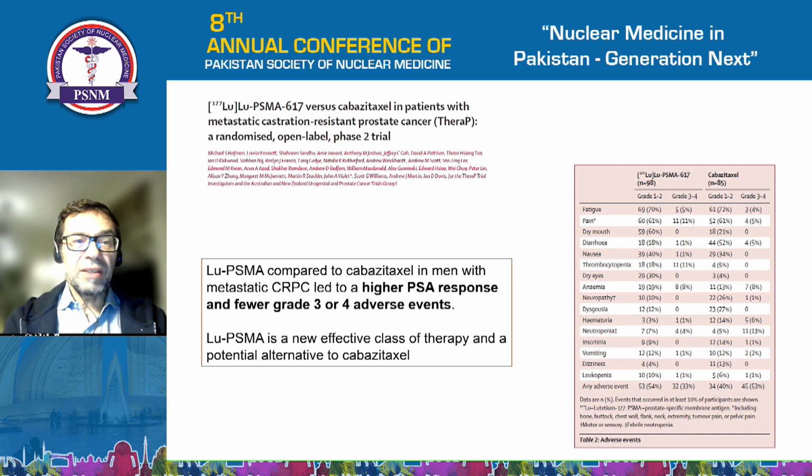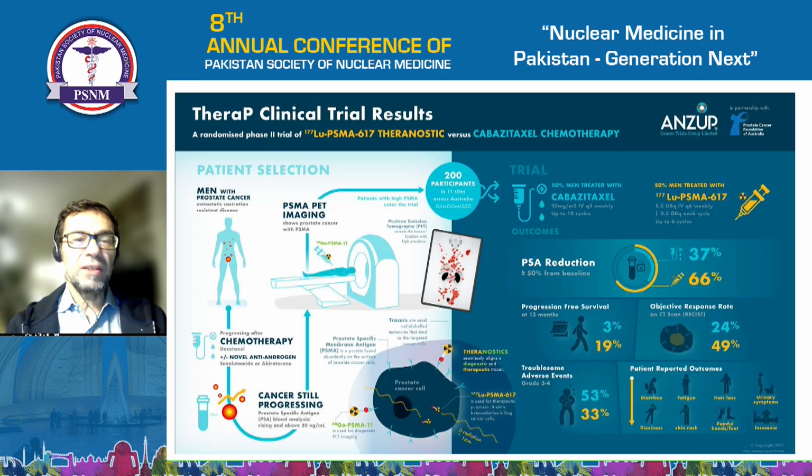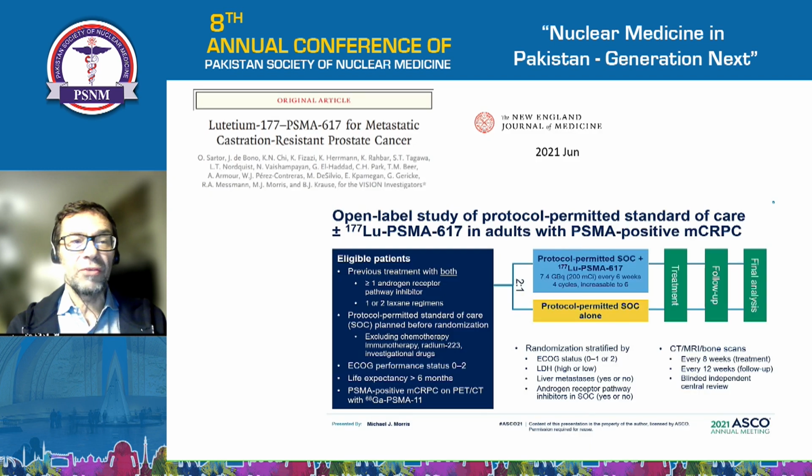The side effects were much in favor, again, of lutetium PSMA, so fewer grade 3 and grade 4 adverse effects. And this is the cartoon nicely summarizing the result of the TheraP trial. That is really a milestone.